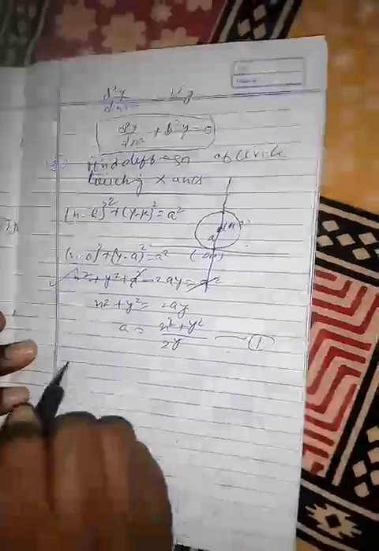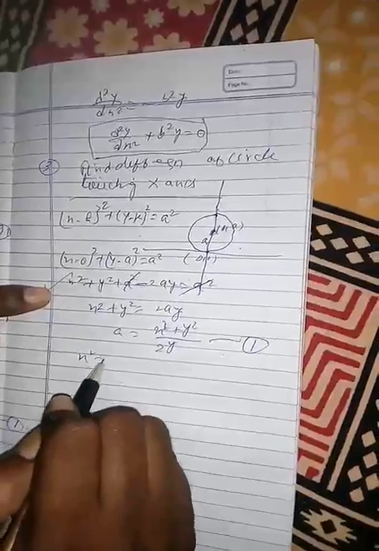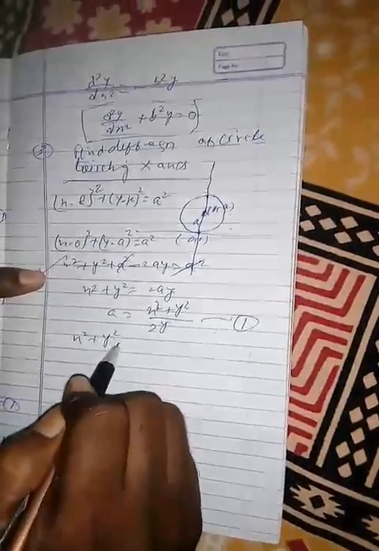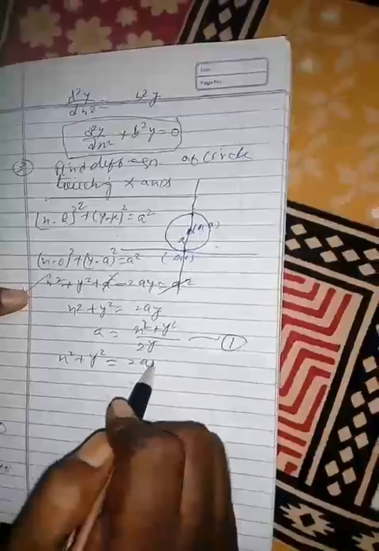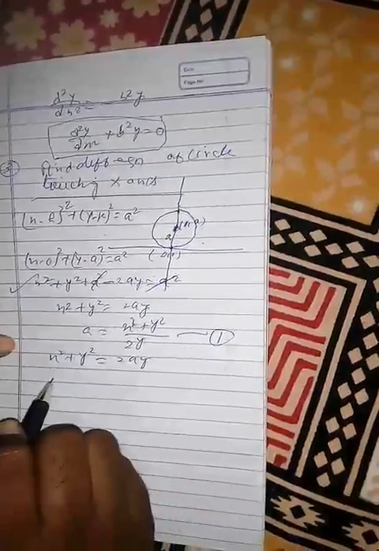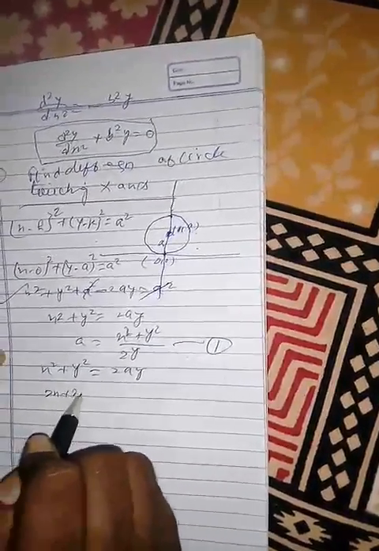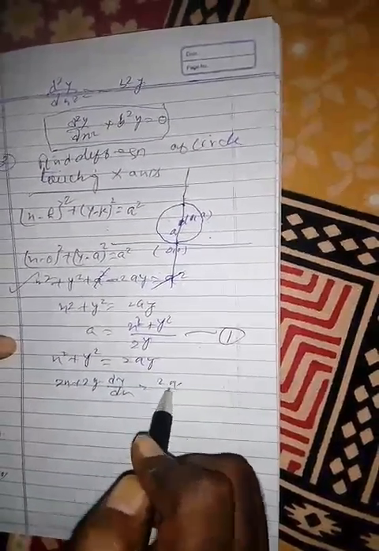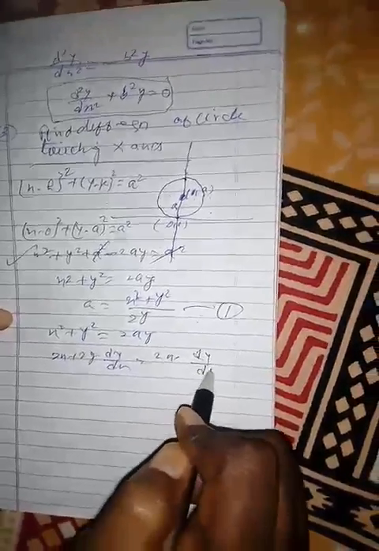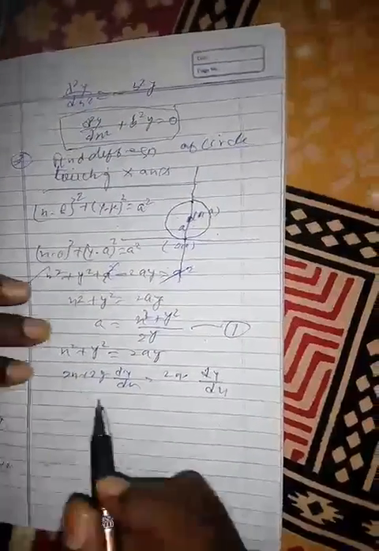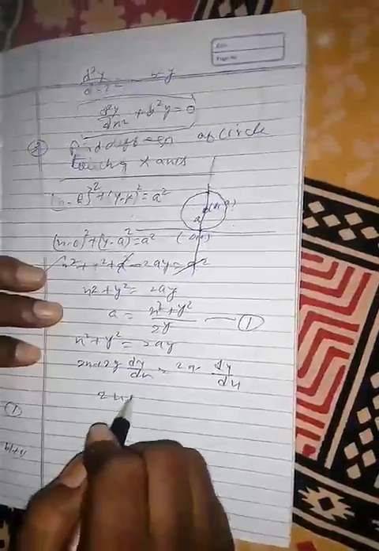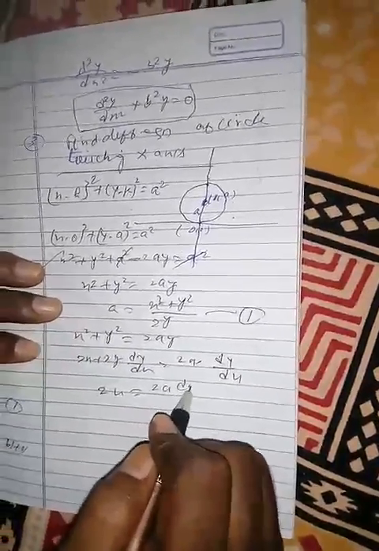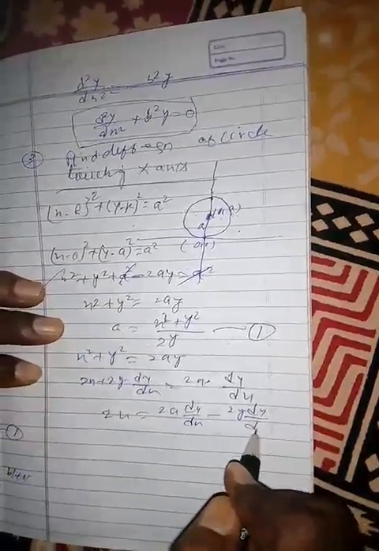Now differentiate both sides: 2x plus 2y dy/dx equals 2a dy/dx, so 2x equals 2a dy/dx minus 2y dy/dx.